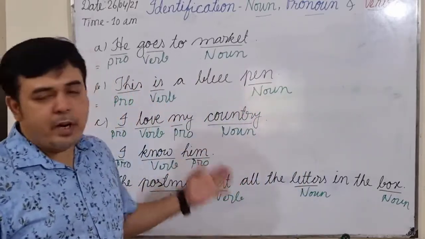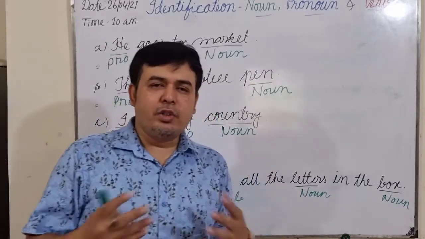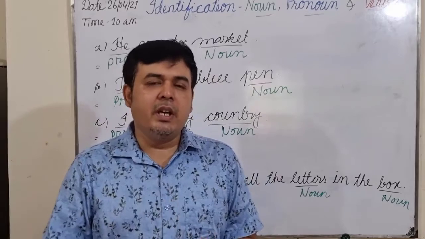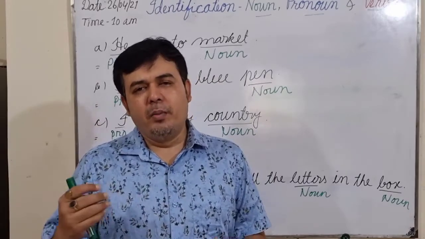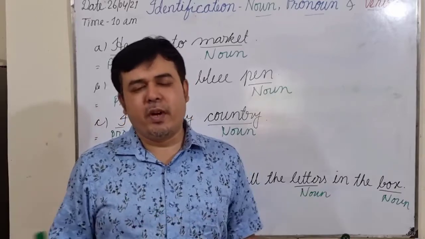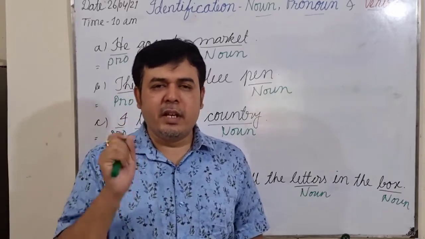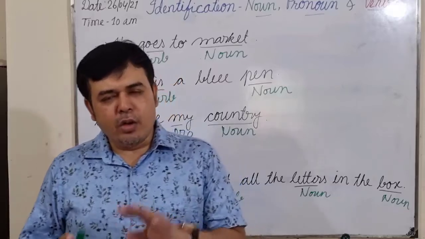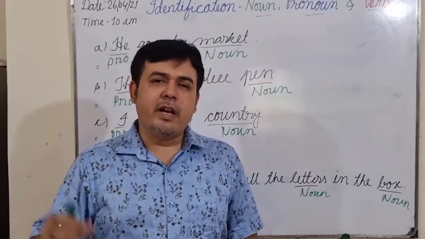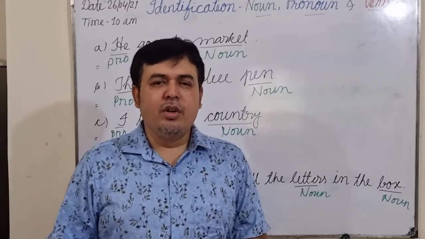And the third one is verb. In the context of grammar, each and everything is a verb. If you are sleeping, walking, jumping, kicking, playing, love, hate, everything is a verb. If it expresses any action, it is a verb. And also, what else are verbs?